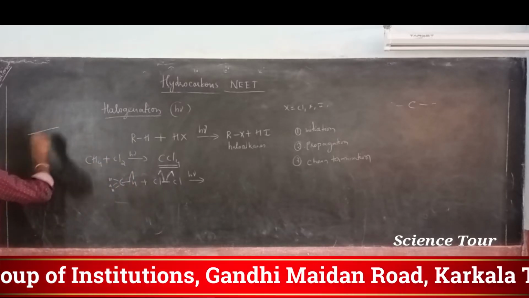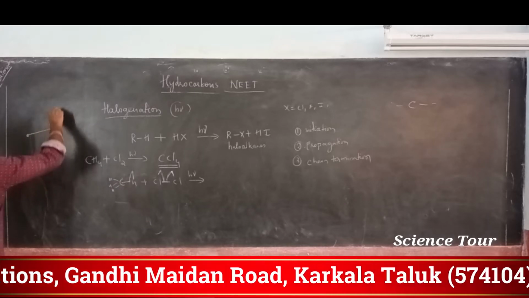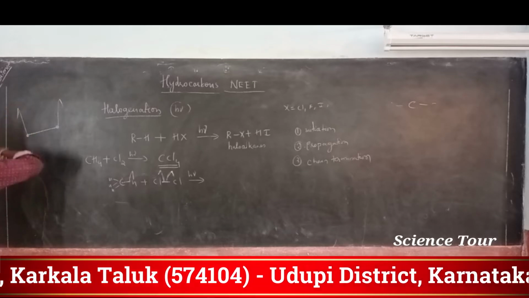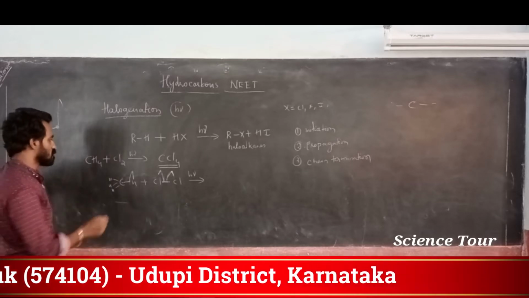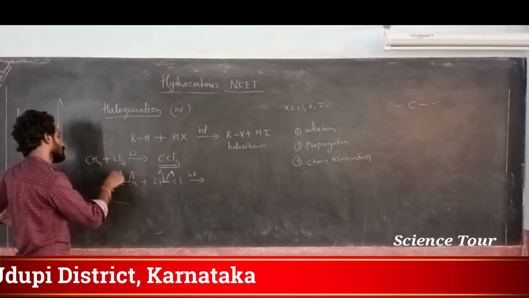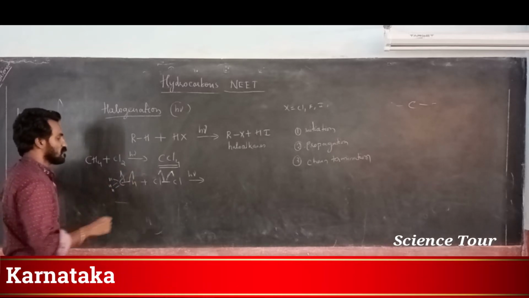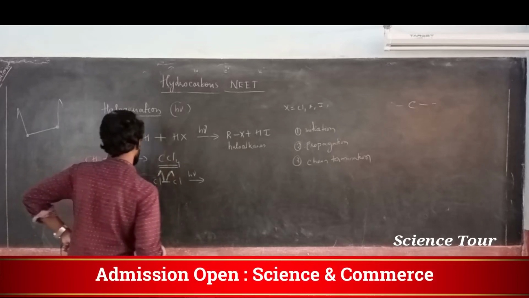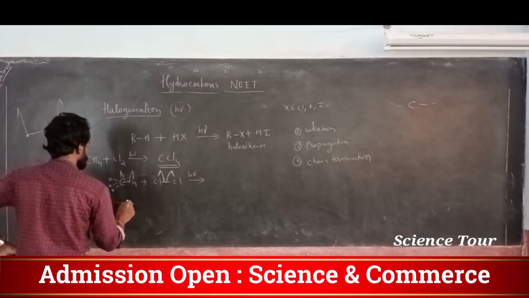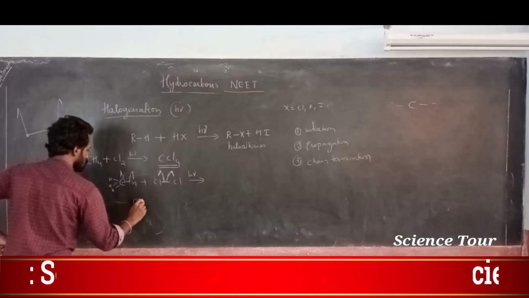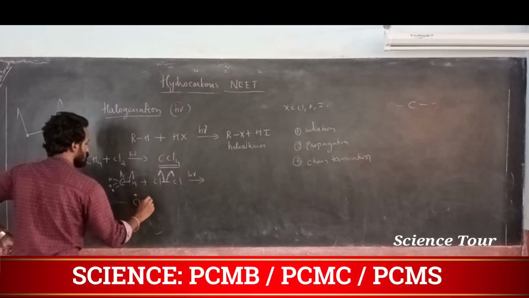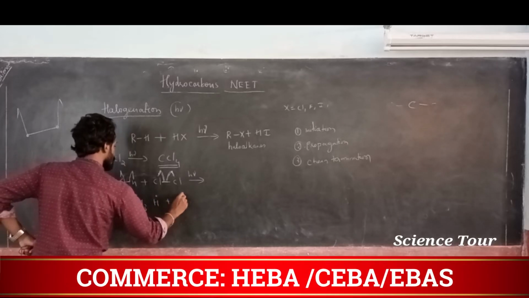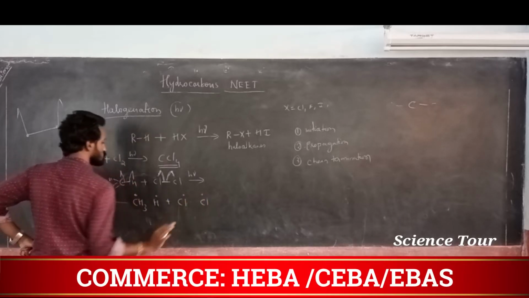One headed arrow means single electron movement. 1 electron moves towards H, 1 electron moves towards C, 1 electron moves towards this Cl, another electron moves towards this Cl. For example, it looks like this: CH3 with 1 electron and H with 1 electron, Cl with 1 electron, another Cl with 1 electron.